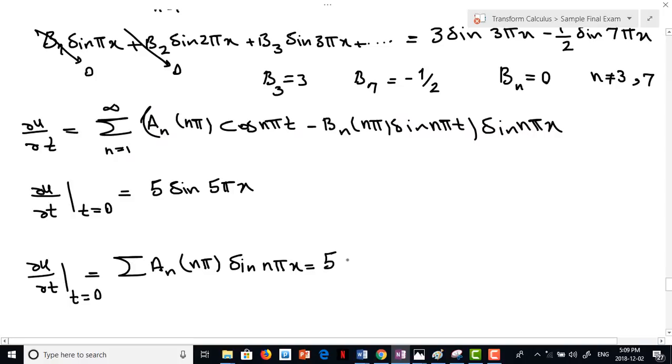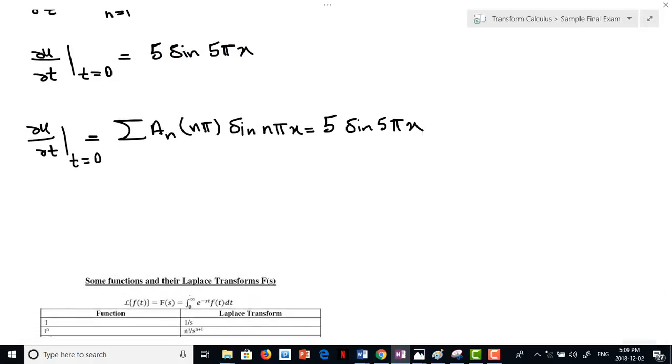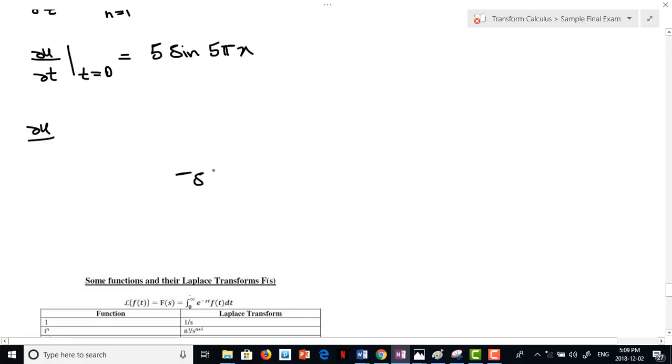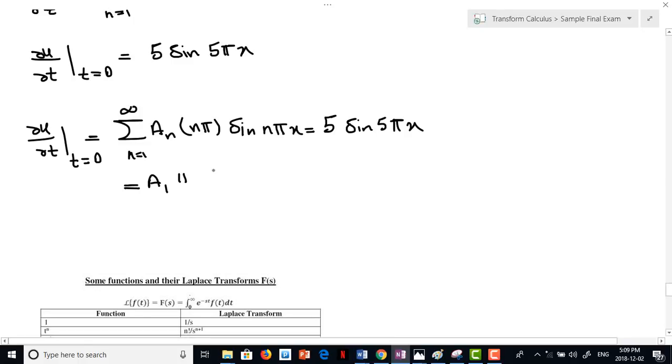It should be equal to 5 sine 5 pi x. So again, you can find an using a half-range sine series, or you can expand it. Here n goes from 1 to infinity.